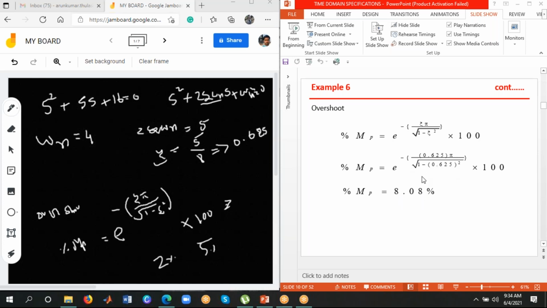Check once whether you get this value or not. 0.625 divided by... so we got 8%. Have you all got this?